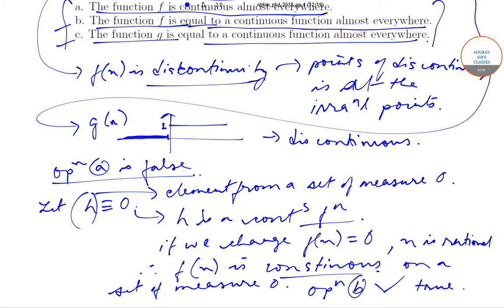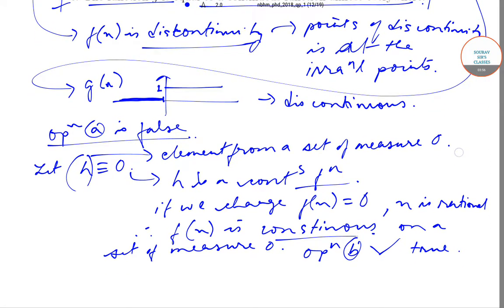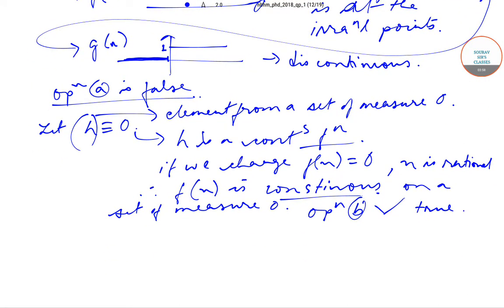Now let us shift our focus to option C. In option C, we need to check the same thing, but for the function g.